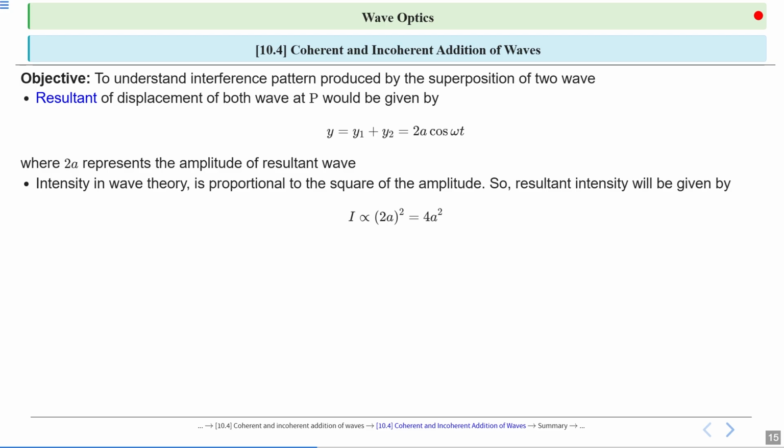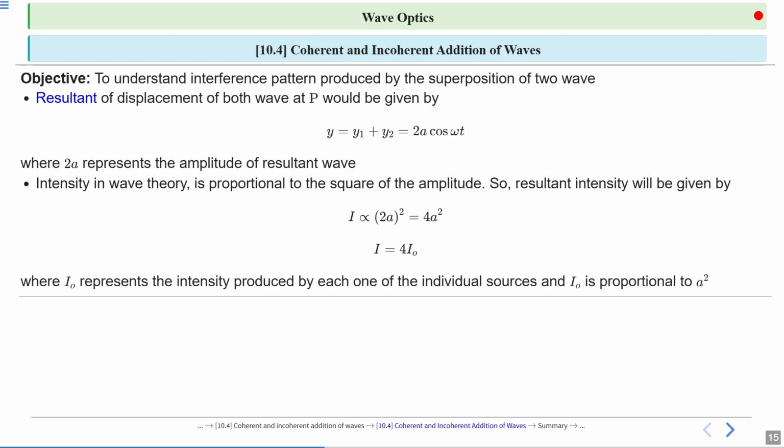The resultant displacement is given by y equal to 2A cos omega t, where 2A is the amplitude of the resultant wave. So intensity will be proportional to (2A) square, that is 4A square. So the intensity of the resultant wave will be 4 times the intensity of each wave.